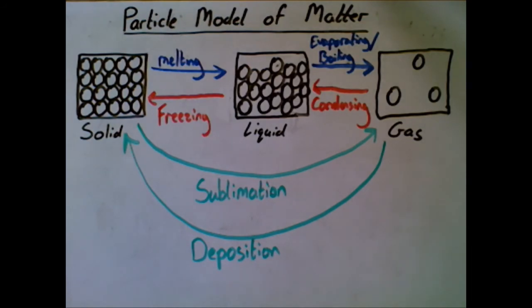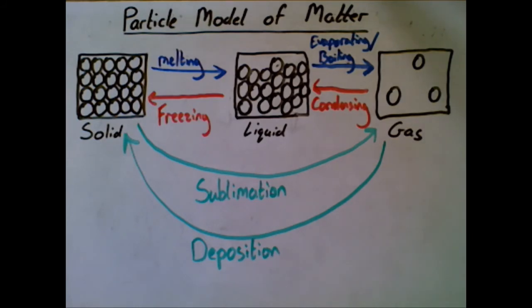Now, I just want to very quickly run through some of the other facts and properties about the particles in solids, liquids, and gases. I'm not going to write all of these down, I'll just talk about them, but you may obviously want to write them down in your notes. We've mentioned a lot of these already.